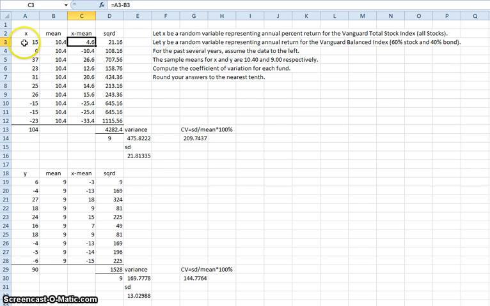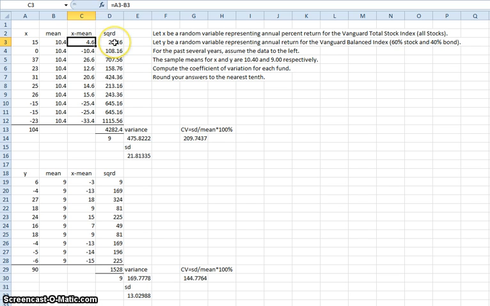So A3 is this particular X value, and we're subtracting B3, which is the mean. It will automatically do that calculation for you and put it in that box when you type in this formula, equals A3 minus B3.